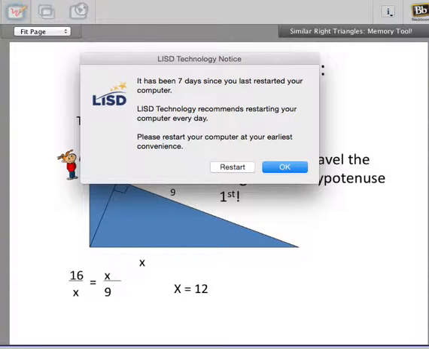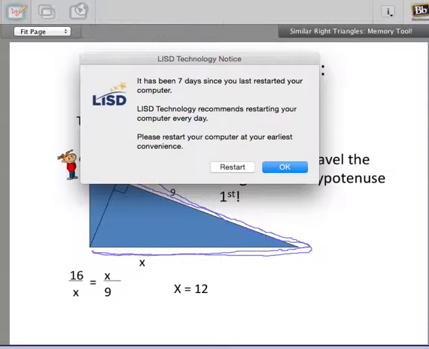So that's why we come up with a memory tool called the boomerang. The boomerang is going to help us set up our proportion, because wherever the boomerang goes, you're going to write down your proportion based on where the boomerang travels. So the boomerang goes across, back this way, turns around, and then comes back here. And it always stops at the altitude.